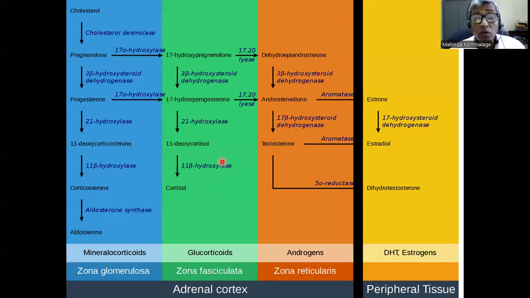Next layer, zona fasciculata, again a series of chemical reactions finally produce cortisol. Then zona reticularis undergoes this reaction and produces testosterone and basically androgen, right?